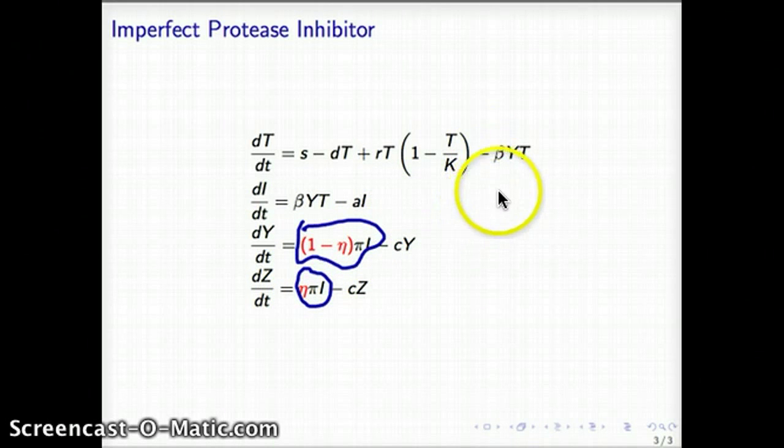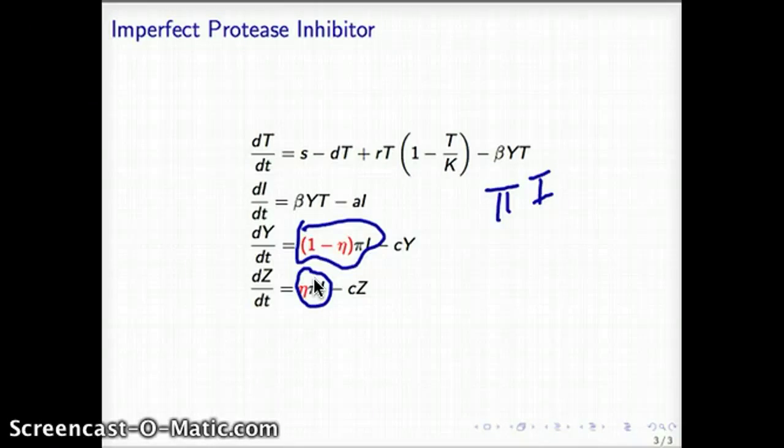So what we are dealing with is that basically this rate of production, which is also a constant of proportionality, right? The amount of particles of virus here are produced in proportion to the amount of infected cells. And so that constant of proportionality pi is now split between a fraction 1 minus eta and another fraction eta. And that is how the treatment reflects on this context.